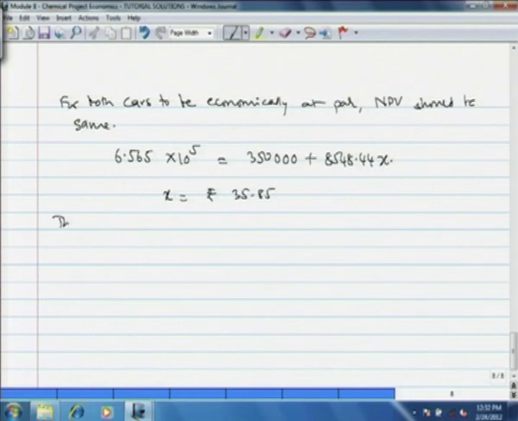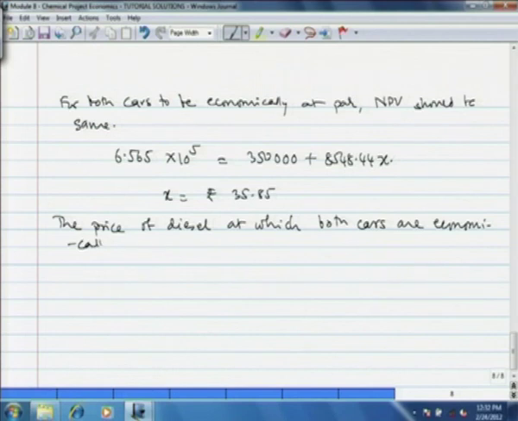So, the price of diesel at which both cars are economically at par is rupees 35.85. Now, if the price of diesel goes beyond rupees 35.85, petrol car will be more economic. If it falls below 35.85, diesel car will be more economic. So, that completes the problem 3.